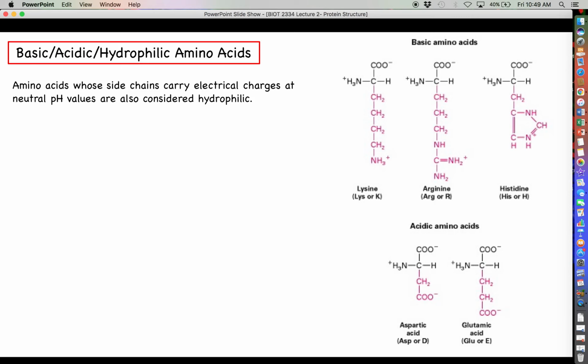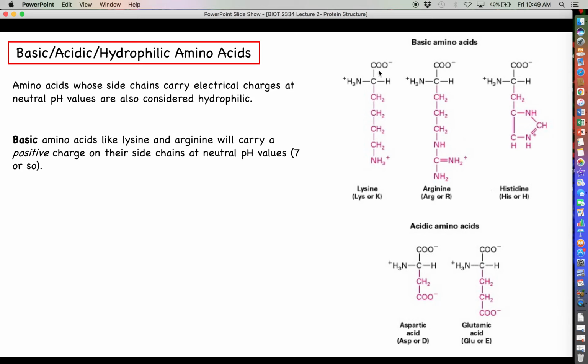Okay, so continuing on with the hydrophilic amino acids, these are going to be the ones that are not only hydrophilic, but are also electrically charged. So the amino acids that have side chains that carry electrical charges at neutral pH values are also hydrophilic. So first we have what we call the basic amino acids.